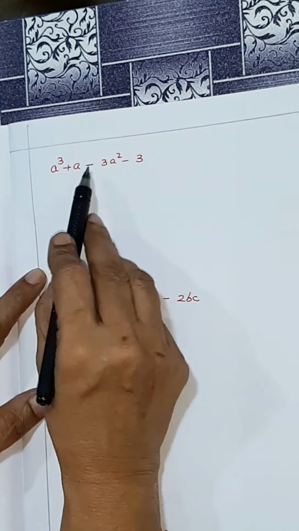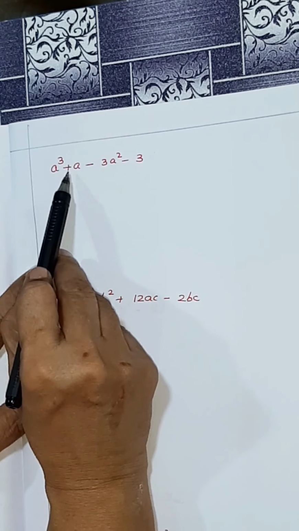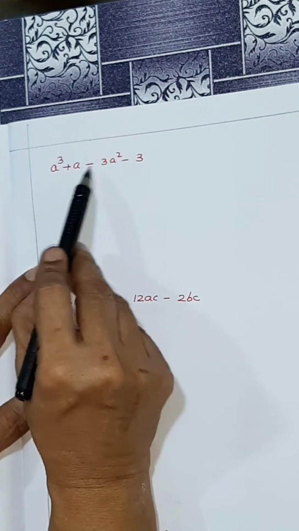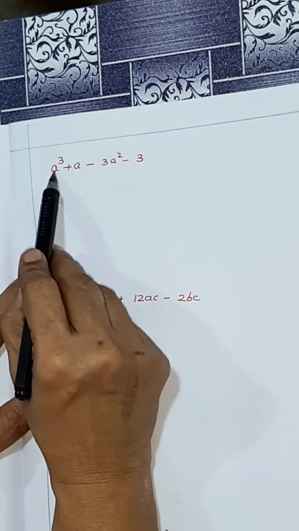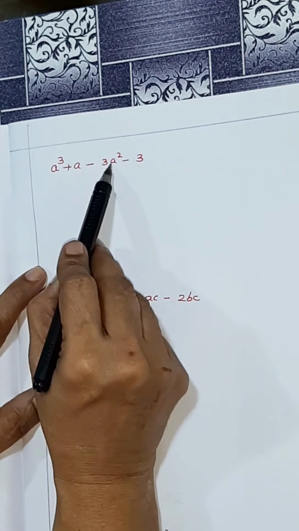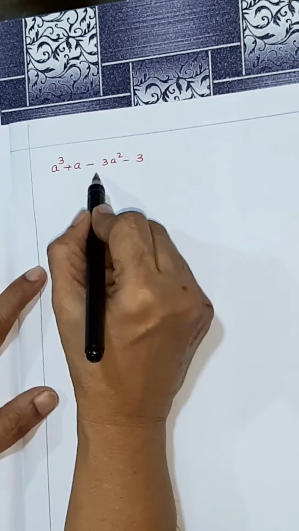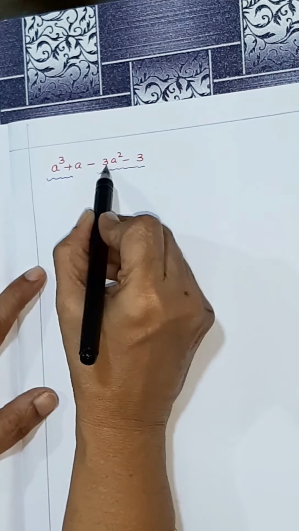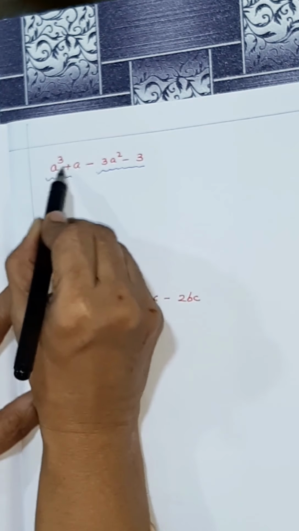Now here we have 4 terms, so we have to see how to pair them. These two terms have 3 as common and these two terms have a as common. So we pair these two terms and these two terms, because 3 is common in these two terms and a is common in these two terms.